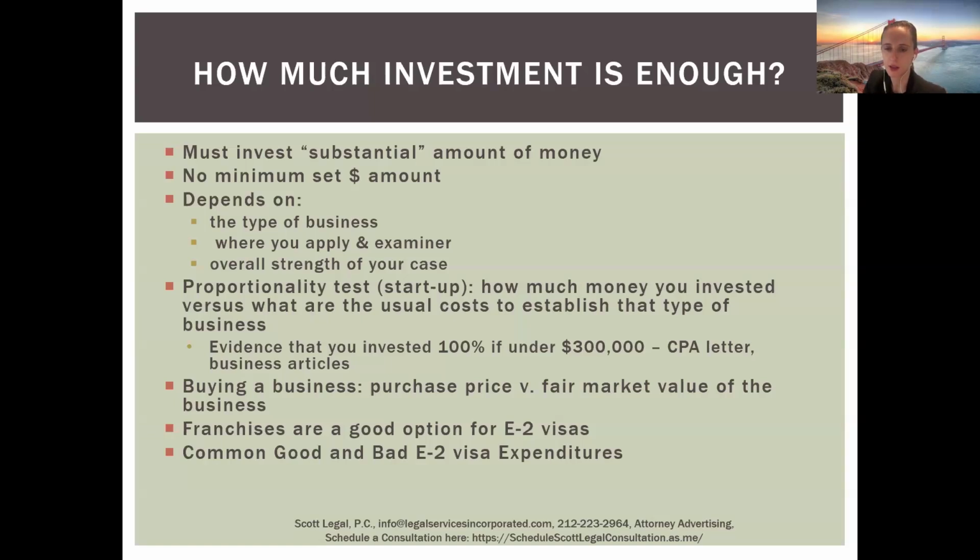I would say that the weak E-2 visa expenditures would be things like, let's say that you are in your home country and then you fly to the US to set up the entity and set up the bank account, and then you want to include the cost of the flight, the cost of the Airbnb, and the cost of the car you rented while you were in the US doing all these setup activities.